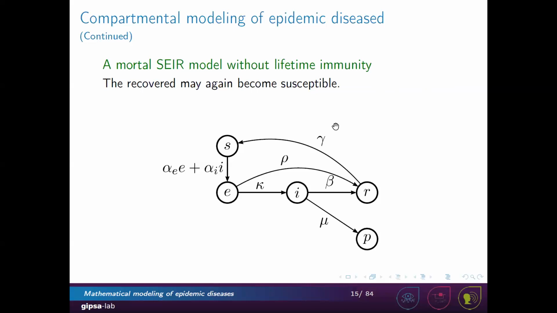So for example, for COVID-19, we still don't know much about this gamma factor, which defines the rate of recovered people getting back to the initial group and becoming vulnerable to the disease.